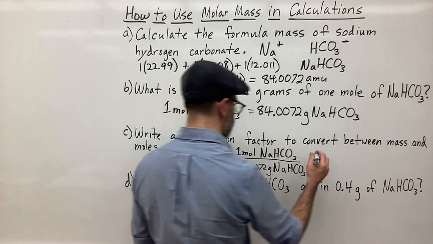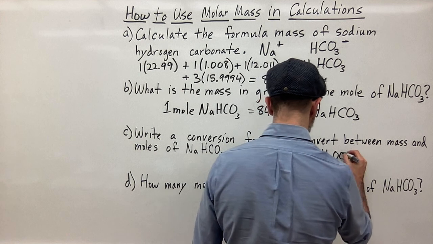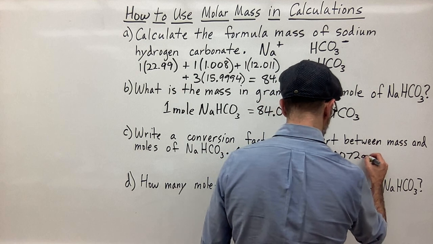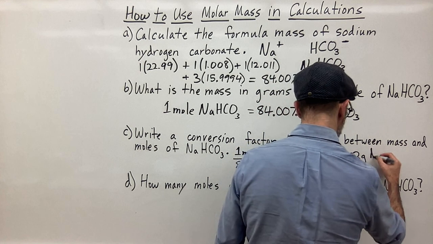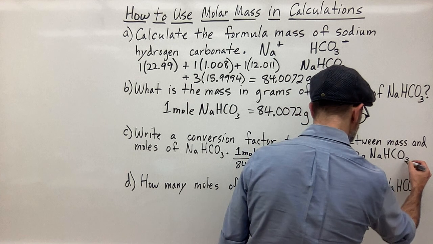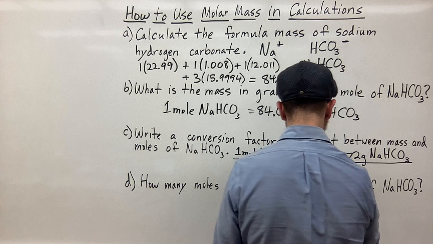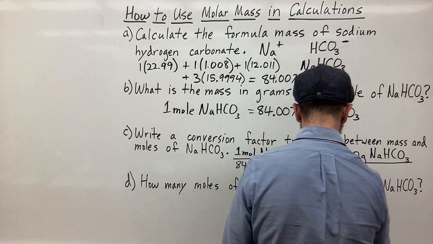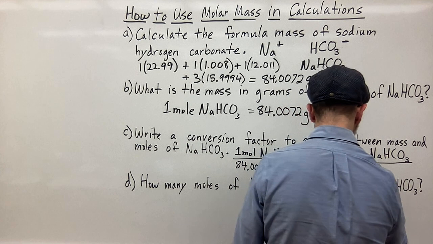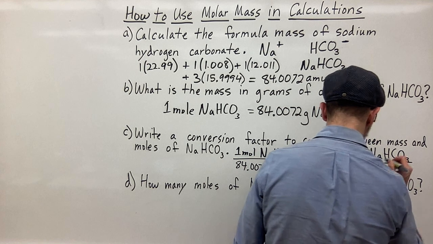You could flip it. So you could put the 84.0072 grams of the sodium hydrogen carbonate, and then put the moles on the bottom. 1 mole of the sodium hydrogen carbonate on the bottom.